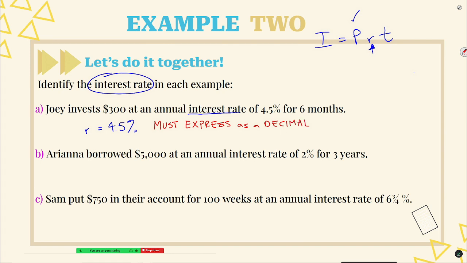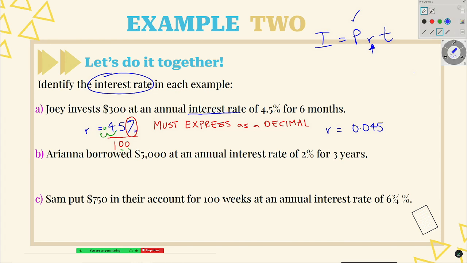We can't type into our formula 4.5% or 4.5 because we haven't gotten rid of that percentage, so to speak. We do that by dividing by 100. Once we have divided by 100, we're moving our decimal place 2 spots, meaning that our R equals 0.045.